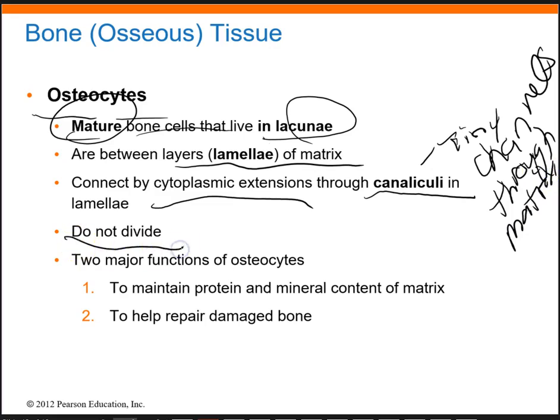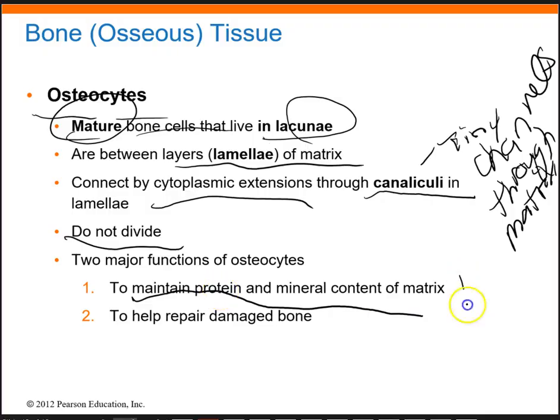Osteocytes do not have the ability to divide, like osteoprogenitor cells do, but this makes sense. If you have a cell in a tiny little space, completely blocked in, you don't want it dividing. If it starts to divide and make more cells, it's going to get really squished and die. The major functions of osteocytes are to maintain the protein and mineral content of the matrix.